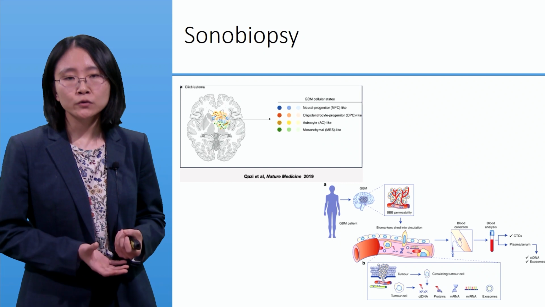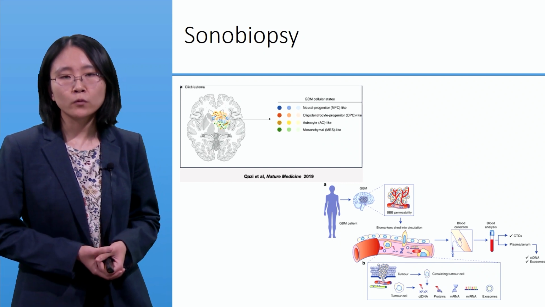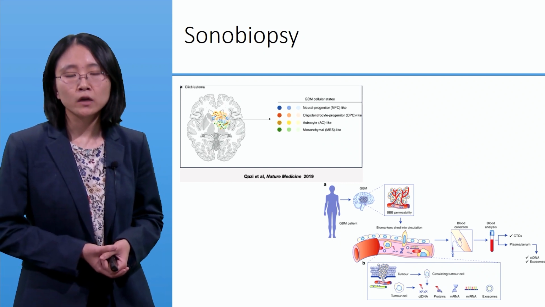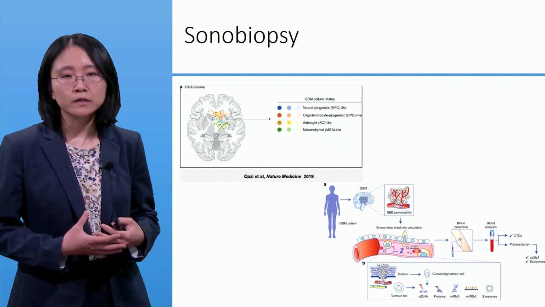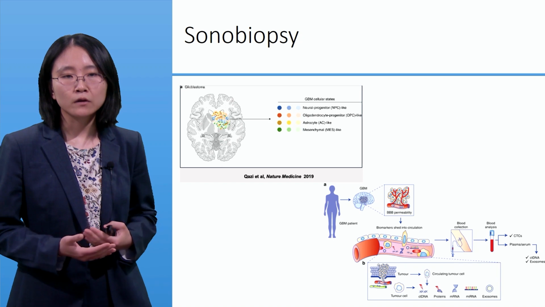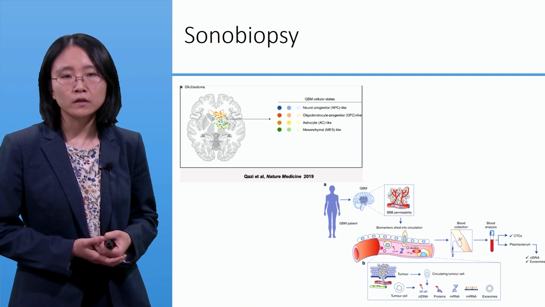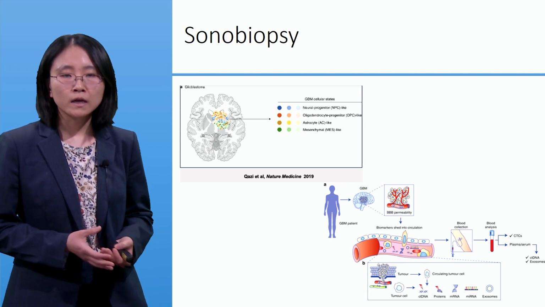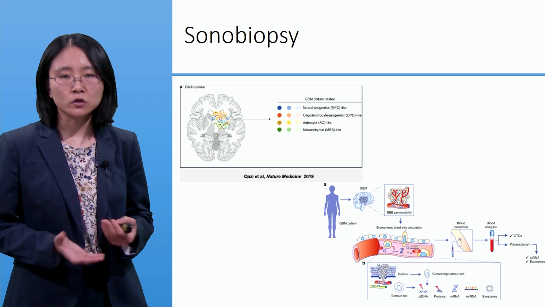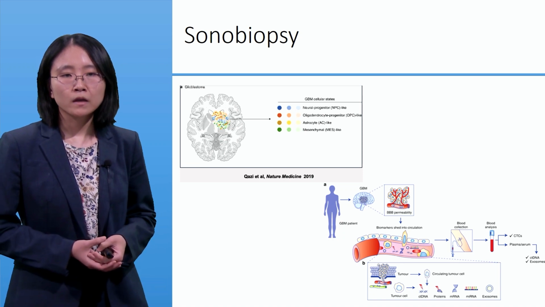One of the major issues for applying this technique to brain tumors is the fact that the presence of the blood-brain barrier does prevent leaking of these compounds into the systemic circulation to some extent. So the yield of these markers is quite low in patients with brain tumors, and it is shown in previous studies.